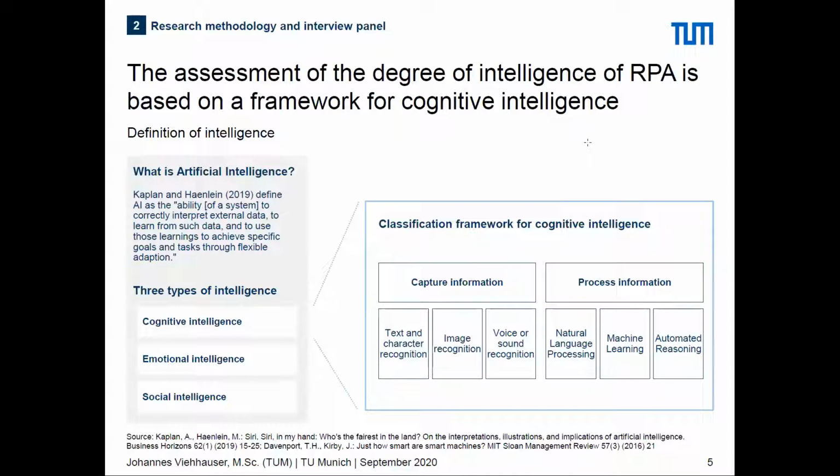So my question is about your opinion of how far we are, in the context of intelligent or cognitive or whatever intelligence we are talking about, from a robot who is able to adapt the workflow to changes in the user interface, for example.